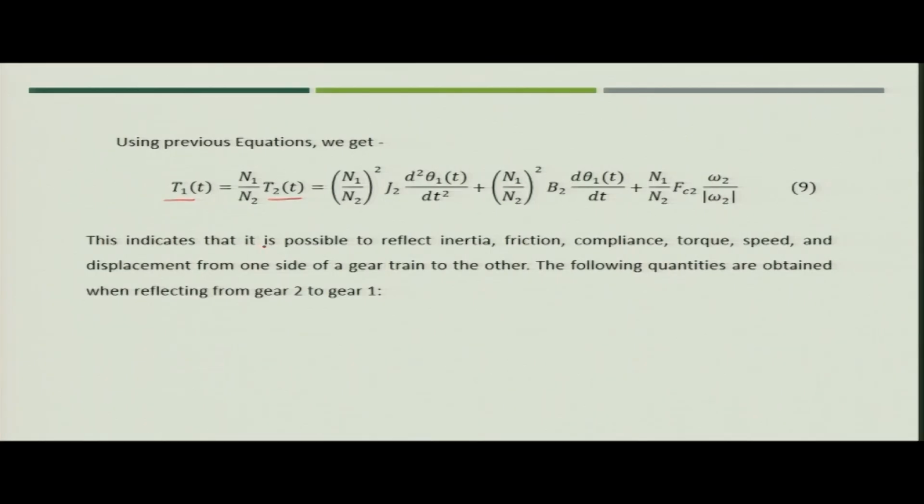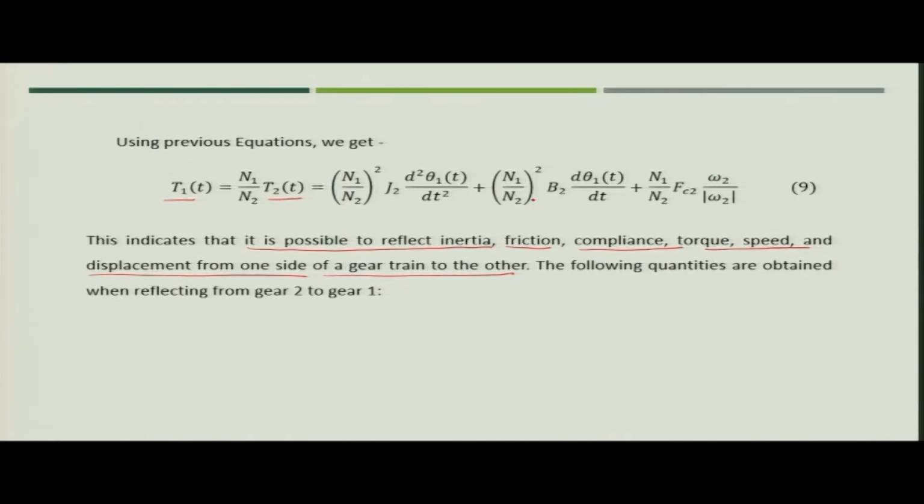So, this indicates that it is possible to reflect inertia, friction, compliance, torque, speed and displacement from one side of the gear train to other. So, when you see this equation, you can correlate these equations with respect to the transformer equations which we derived in earlier discussions. As we saw in case of transformer, we transfer the power from one side to other side.